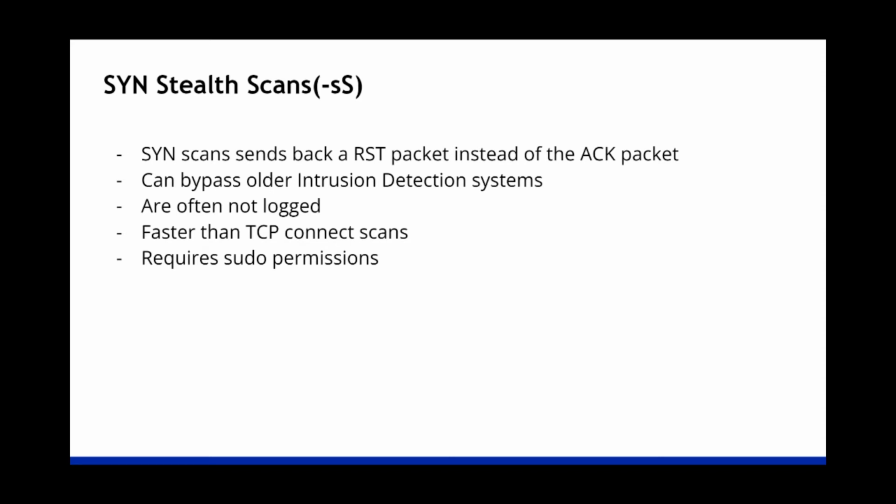So whenever we get the acknowledgement plus the synchronous packet, instead of giving back the acknowledgement packet, we give a reset packet and then we close the connection. Since we're not doing a three-way handshake, this is going to take us less time than a TCP Connect Scan.